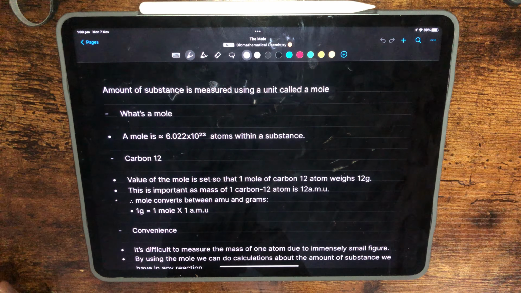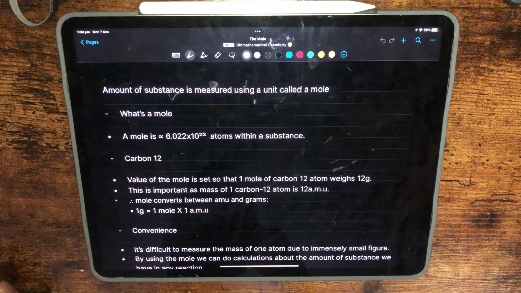Carbon 12. The value of a mole is set so that 1 mole of carbon 12 atoms weighs 12 grams. This is important as the mass of one carbon 12 atom is 12 atomic mass units. That's what AMU stands for. The mole converts between atomic mass units and grams.